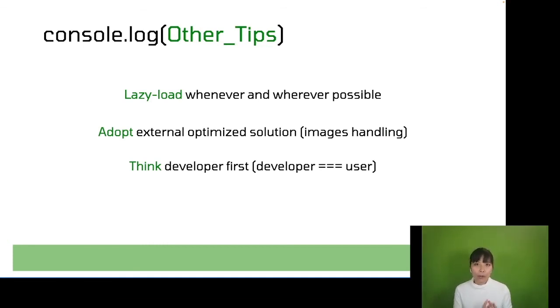In Storefront UI, we have a Storefront UI Image component and a Storefront UI Cloudinary component, where we allow users to use Cloudinary and enjoy the image optimization out of the box provided by Cloudinary, and that works. And lastly, the most important thing is to always think of yourself as your own component library user. Think developer first, because they are your single and only user that you should care about.